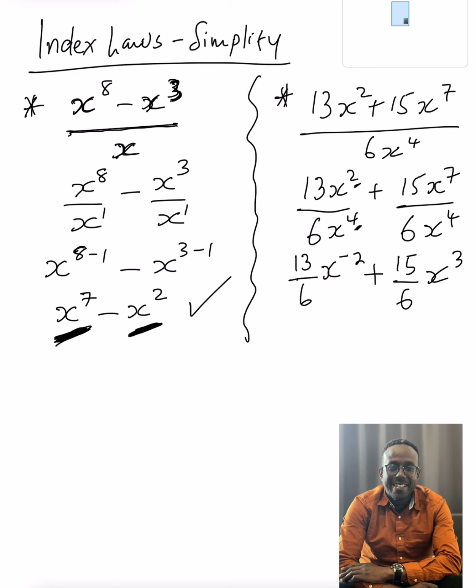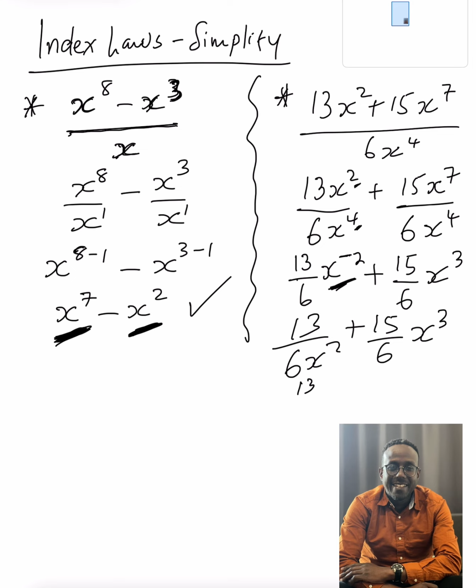But remember, when you have x to the power of negative 2, you can remove the negative symbol and bring the x down. You can write it like this: 13 over 6x squared, plus 15 over 6, and then this remains x cubed. If you want, you can actually simplify this further.